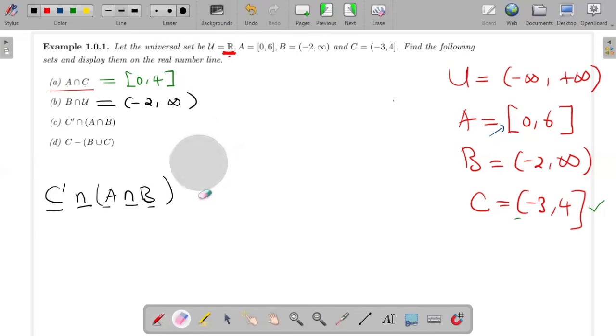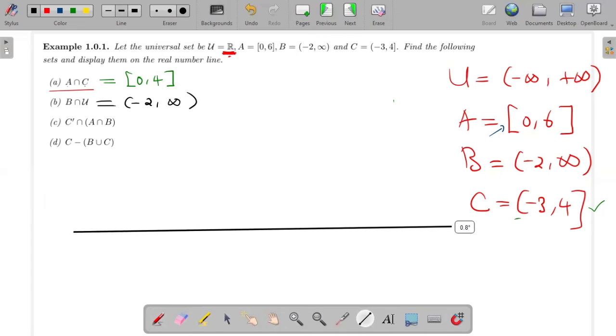Let's draw this on the number line first of all. I'll start with the C complement. I'll show you how to draw the complement on the number line. This is my number line.